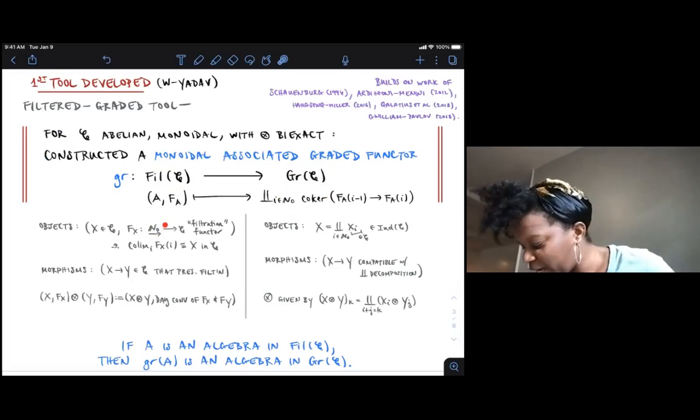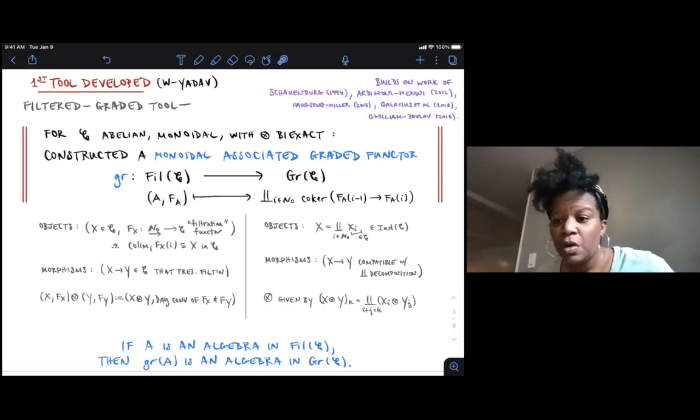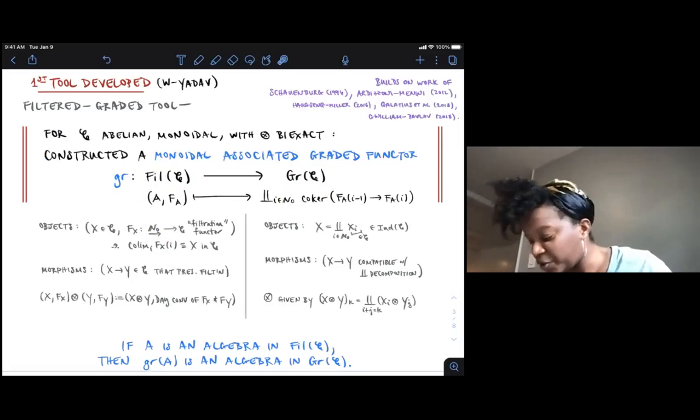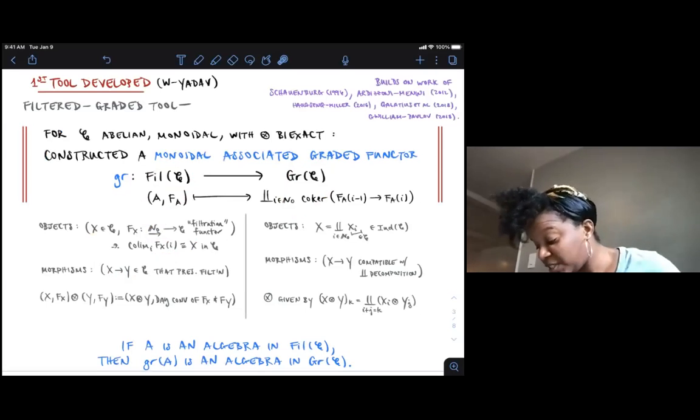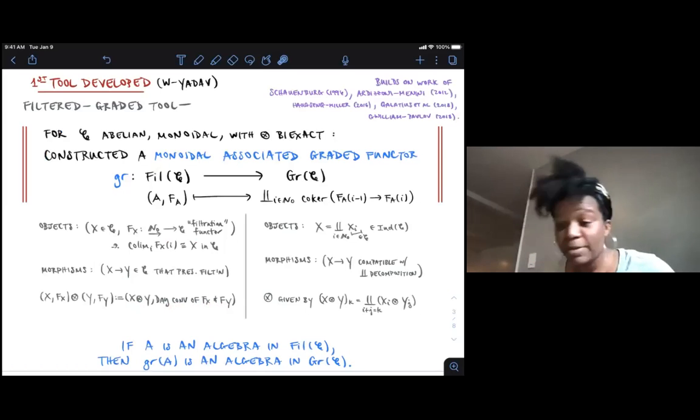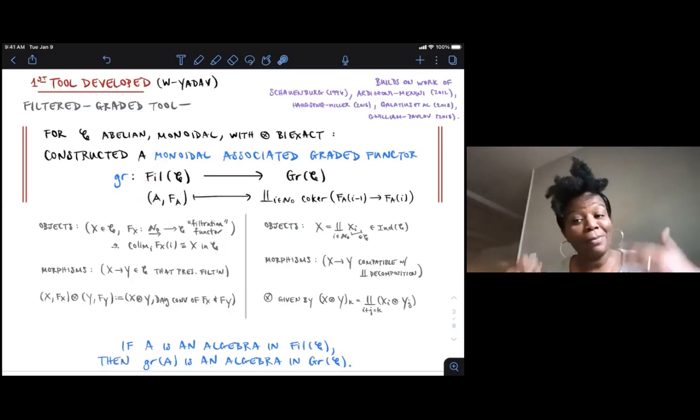It assigns every natural number to an object in C so that the colimit of this functor recovers X. Morphisms in this category are just morphisms in C that preserve this filtration. And this category is also monoidal by taking as the object the tensor product of each of the objects, and the filtration functor is just given by the Day convolution of F_X and F_Y. Okay, so this is a nice monoidal category. We can build algebras in it. We call such algebras filtered algebras.